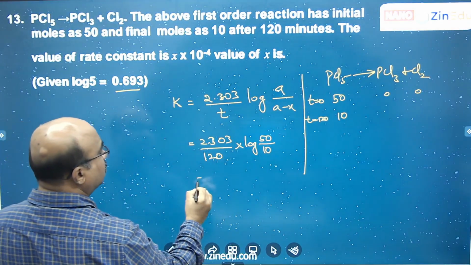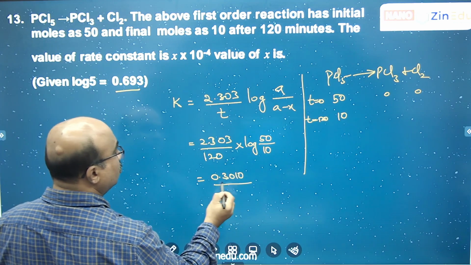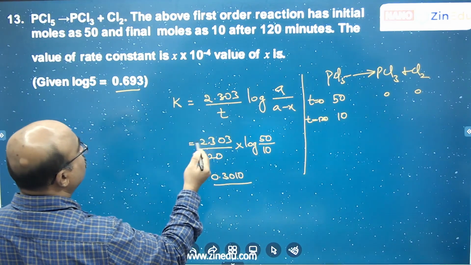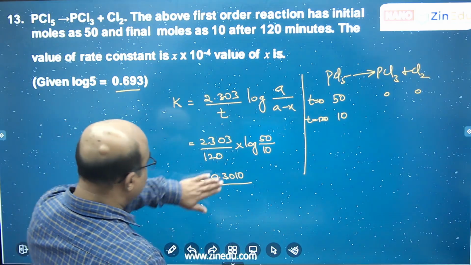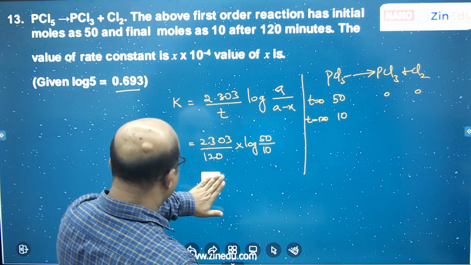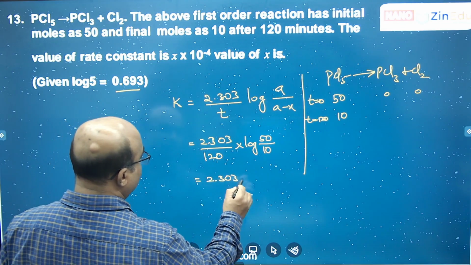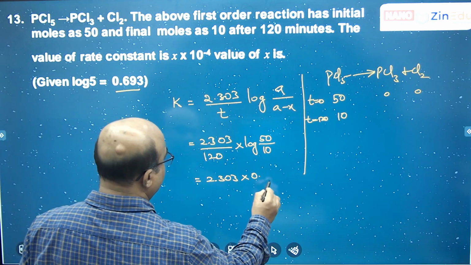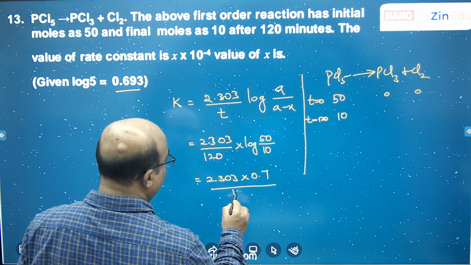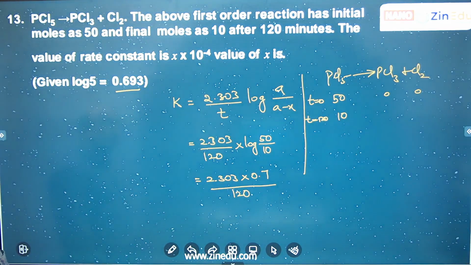Log 5 is 0.693, not 0.3010, sorry. So it's 0.693 that is divided. So this is 2.303 into 0.7 by 120. So you can get the value as 10 to the power of minus 4, whatever.